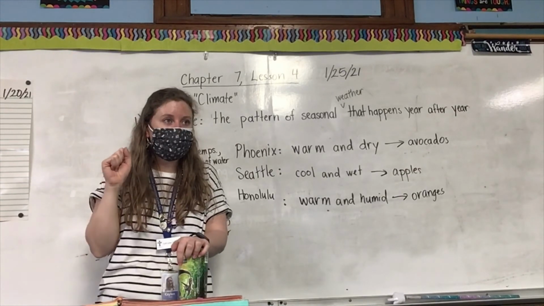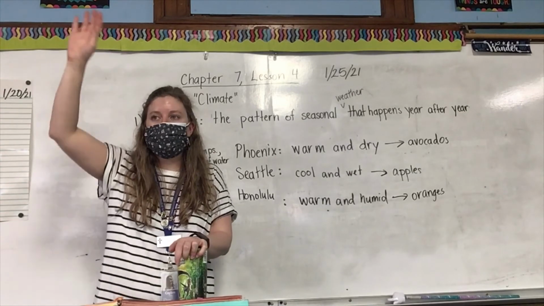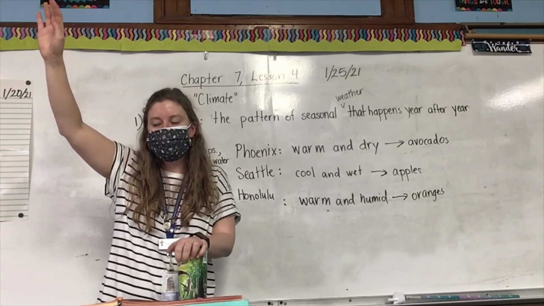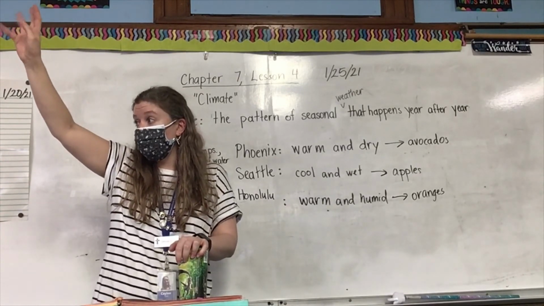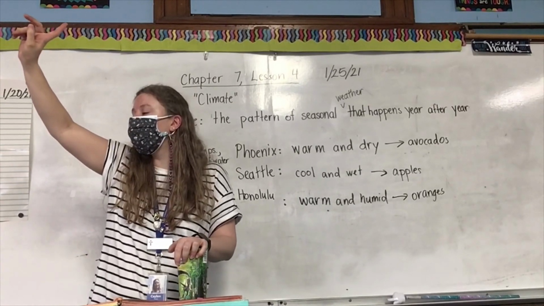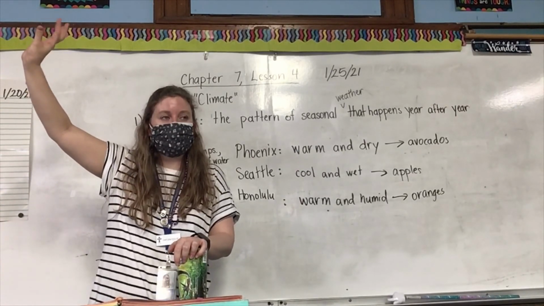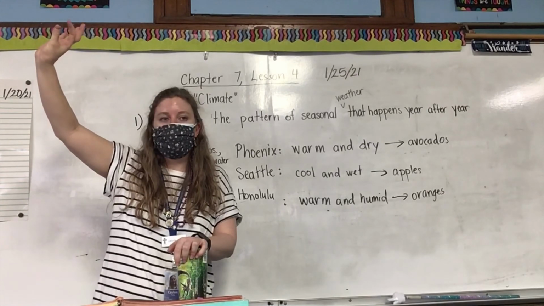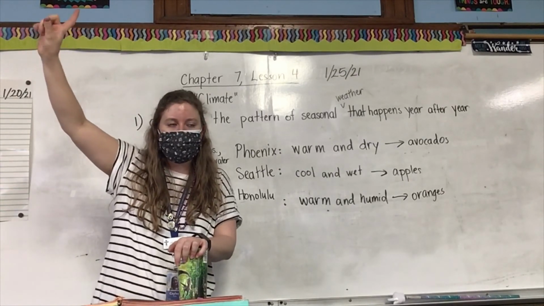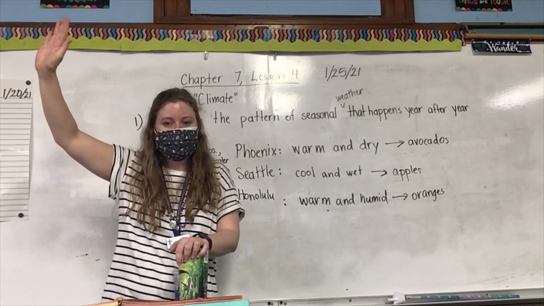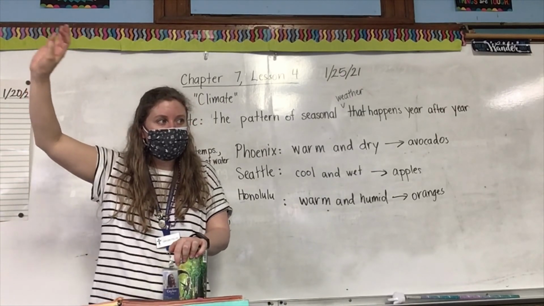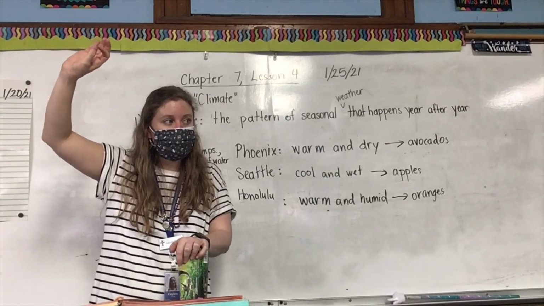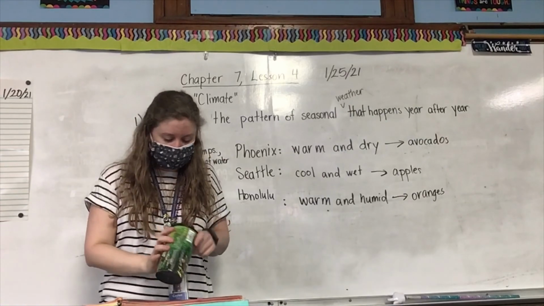The equator. If you're closer to the equator, what is your climate going to be? Aaron? Warm and wet. What if you're closer to the poles? Zadie? Cold and dry. Actually, we'll just save the rest for tomorrow.